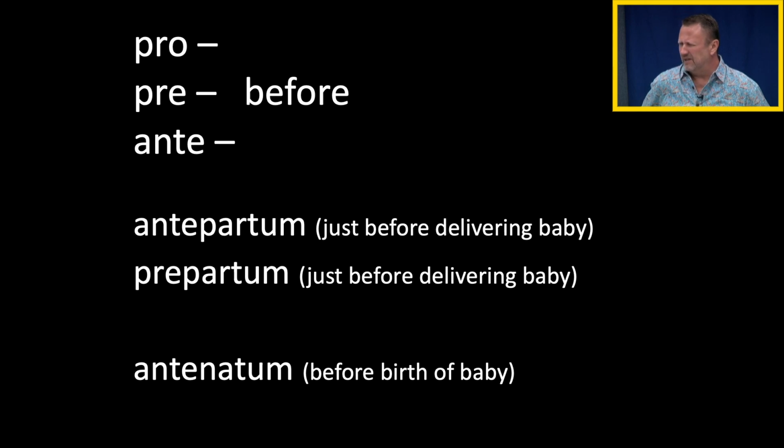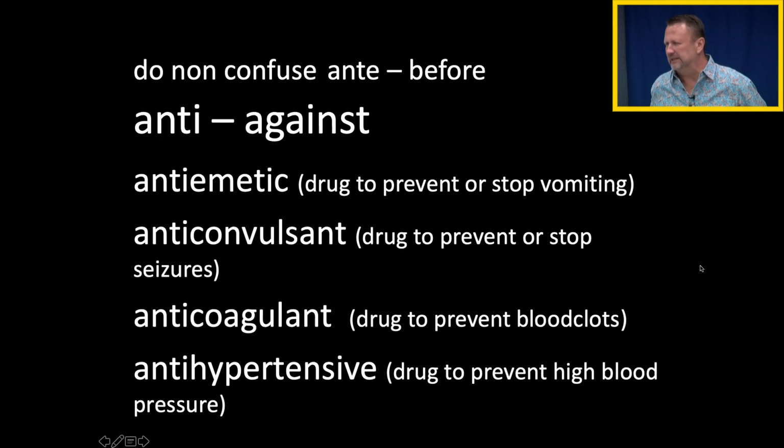And so, again, these words are not used exactly in the same way. So antepartum, prepartum is just before delivery, but antenatal is any time before the birth of the baby. So again, I want you to see not only what they mean, but these examples show you that they can be used in different ways.